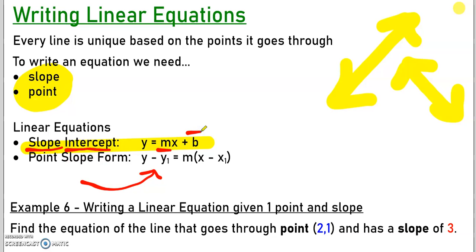So this equation, point, because there's a point in that equation, and slope because there's the slope in the equation, okay? They do the same thing, they allow us to write the equations, but sometimes it's better to use one over the other. And a lot of times when we're writing equations, it's really helpful if we use point-slope form. So take a moment, pause this, and write those two equations down in your notes for sure.